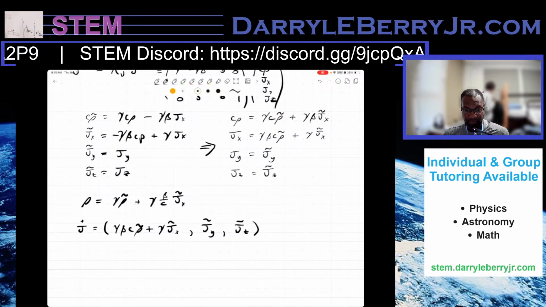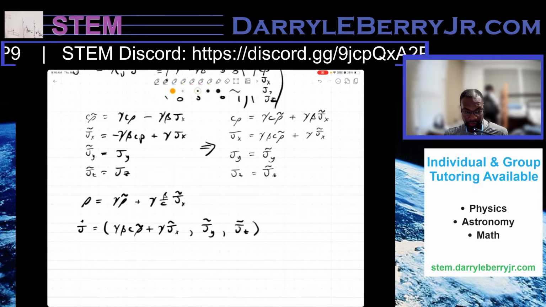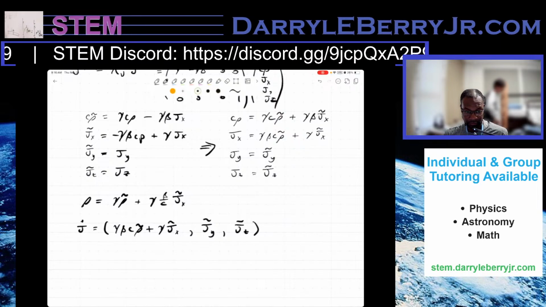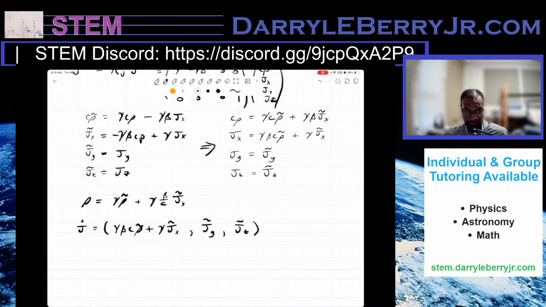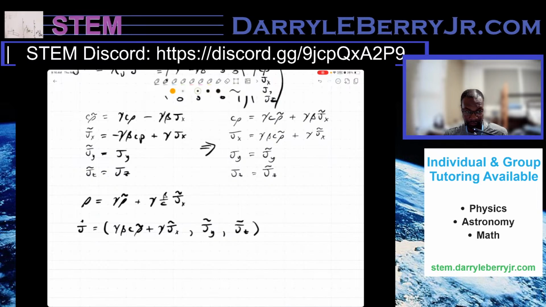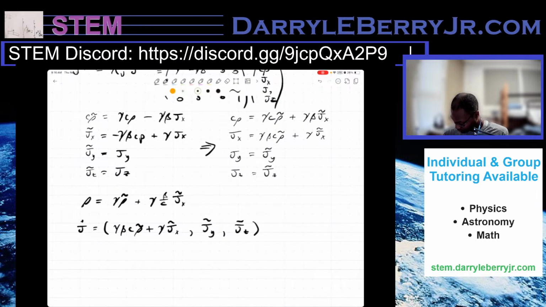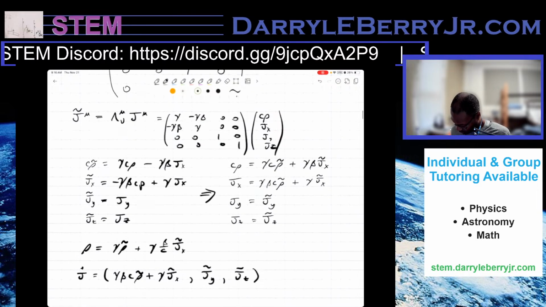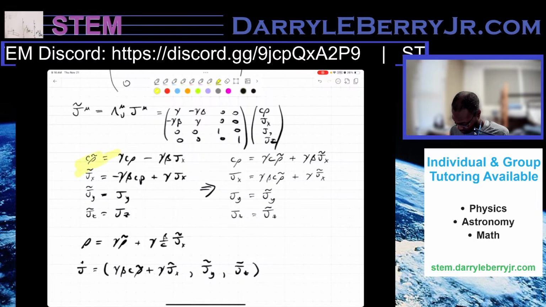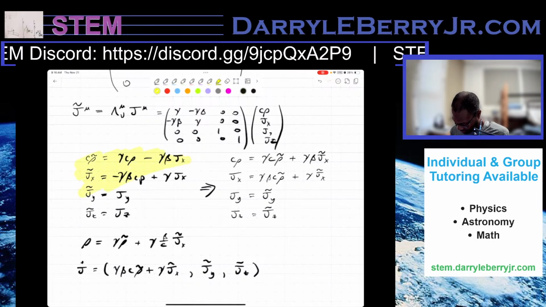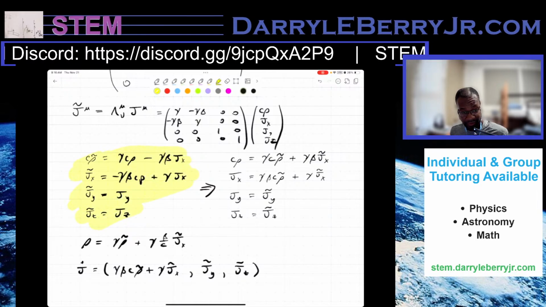Let me see if I missed anything. So we transform this by multiplying it by the tensor, and therefore we have that.